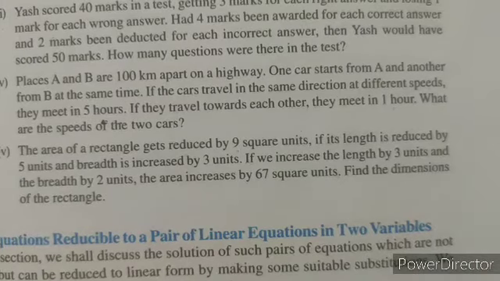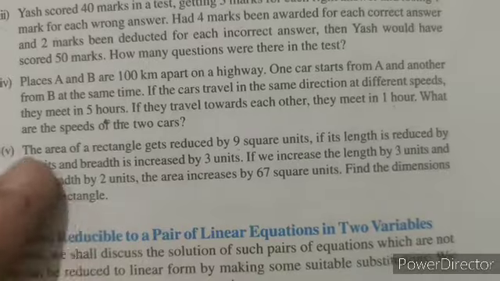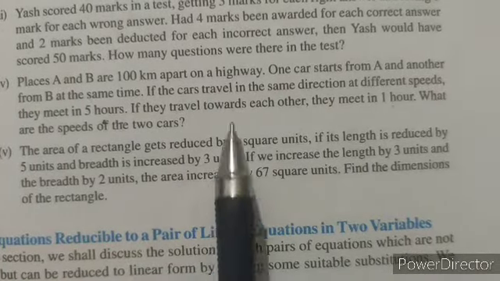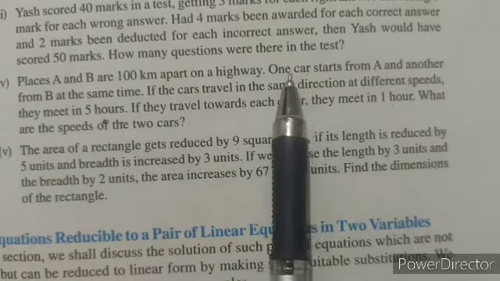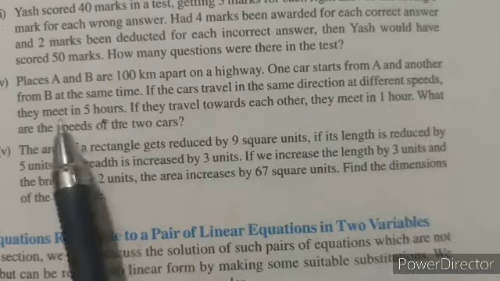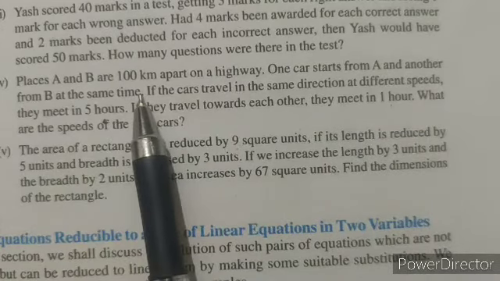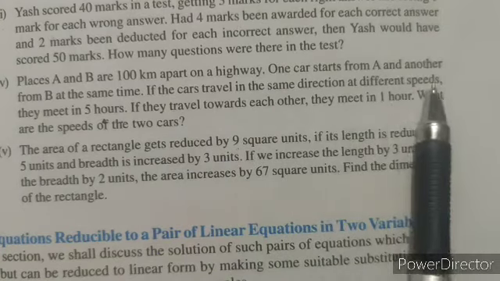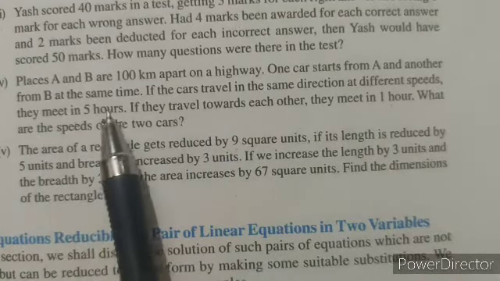In question number 5, it is given to us that places A and B are 100 km apart on a highway. One car starts from A and another from B at the same time. If the cars travel in the same direction at different speeds, they meet in 5 hours.